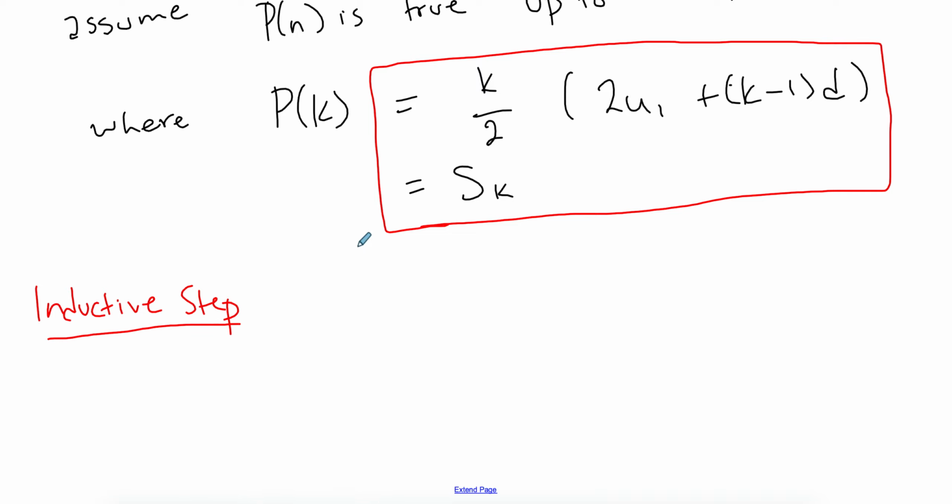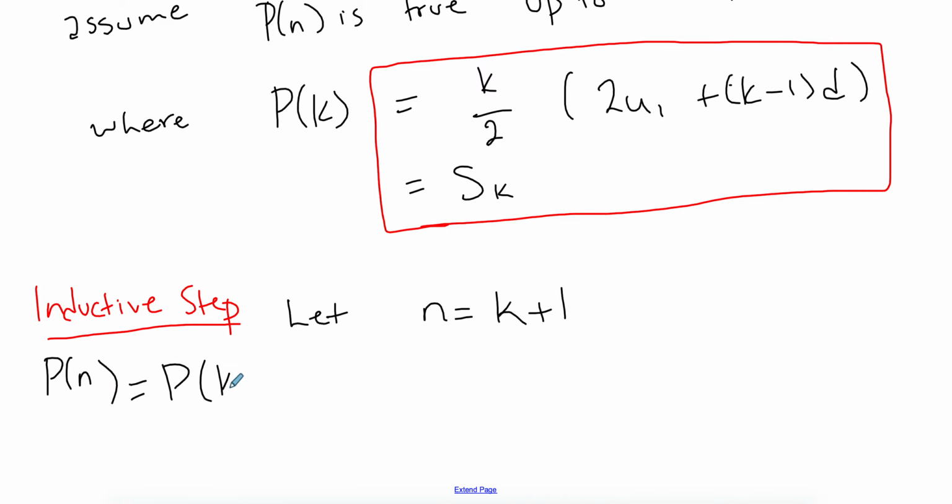Again, as I repeat, we will have to use the previous result. So we're going to let n now be equal to k plus 1. So we're moving to the next one. So Pn is now Pk plus 1. And we're not going to substitute k plus 1 in the formula, because here's the deal. I'm going to go down.